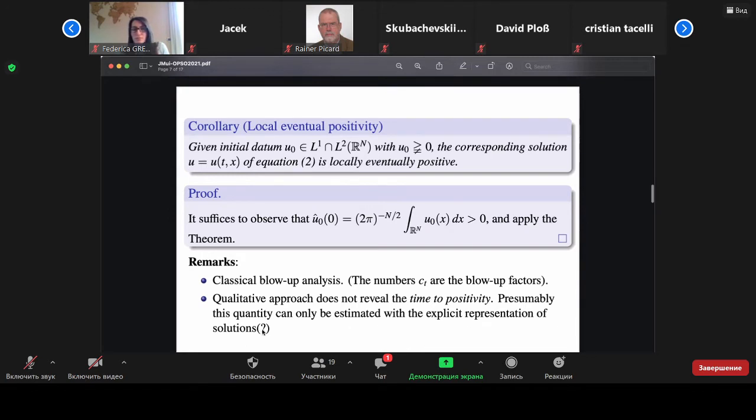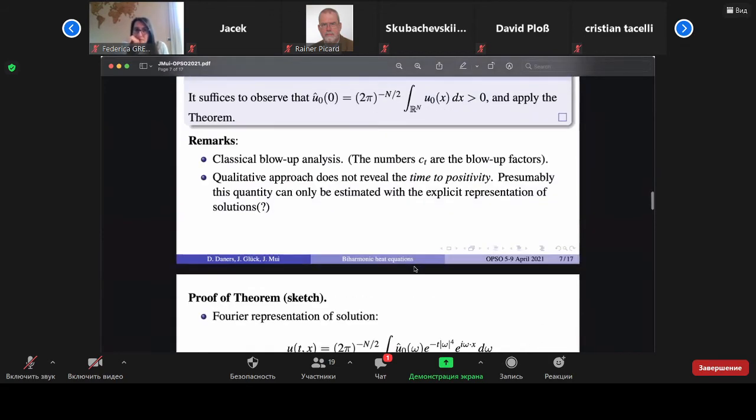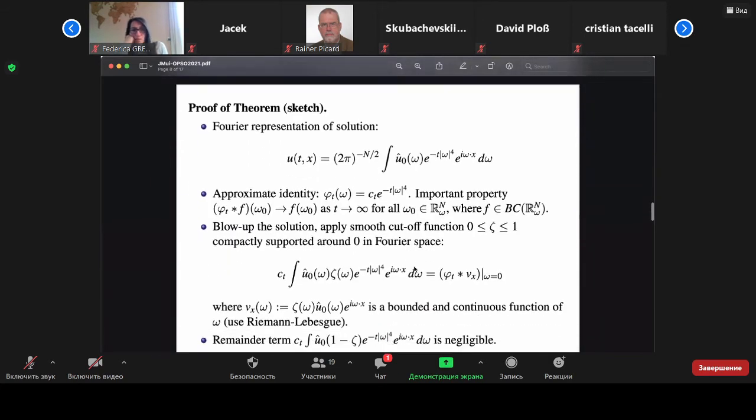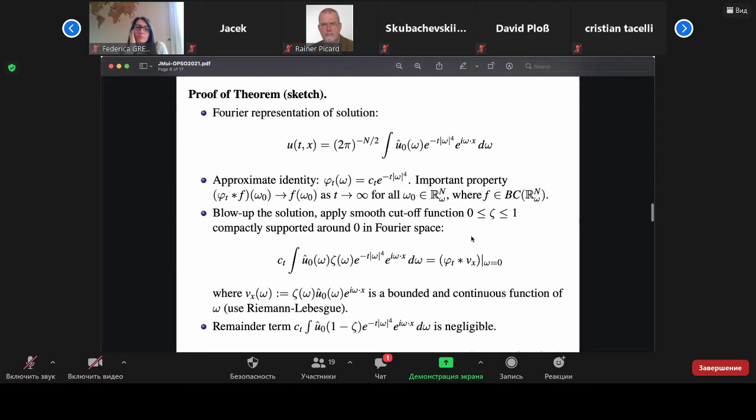So I leave this as a question mark whether this can be attained in a less direct way. So, okay, I have to be conscious of time. So I just want to point out some of the main features in the proof. So let's use the Fourier representation of the solution.